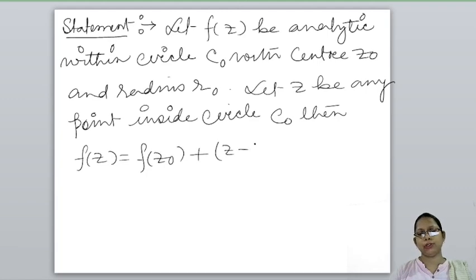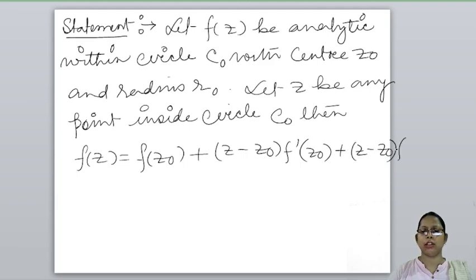z minus z naught f dash z naught plus (z minus z naught) squared f double dash z naught by 2 factorial plus dot dot dot.